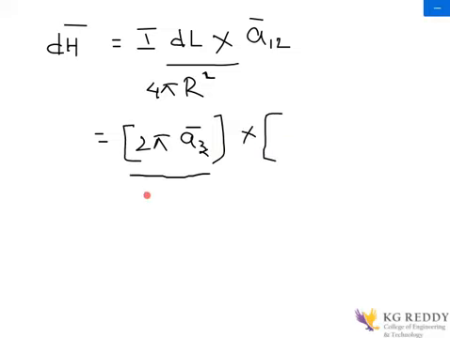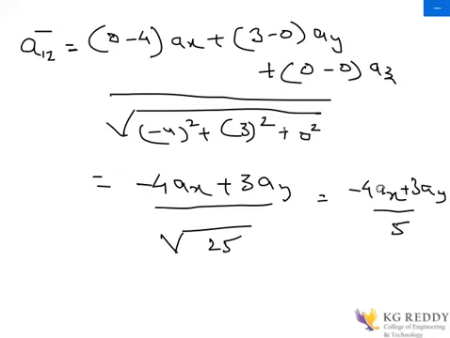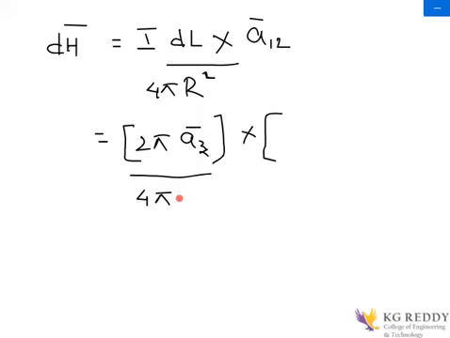So before that I will be writing this first of all 4 pi, and what is the r value we got? So the r value we got is 5. So that 5 I am substituting here. So you will be getting 5 square. Now what is a12?